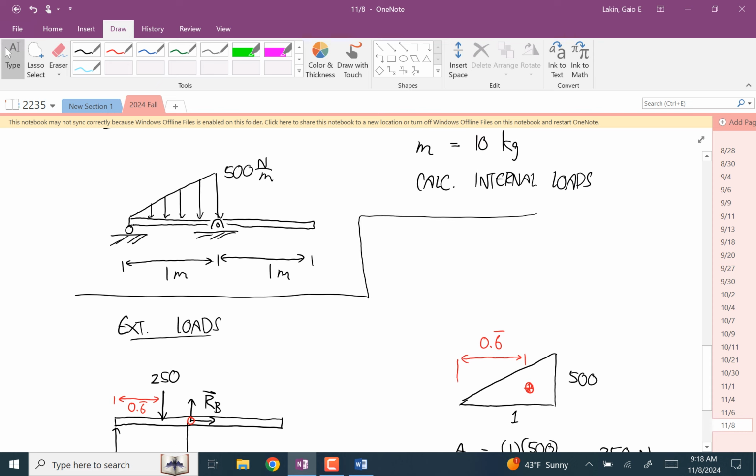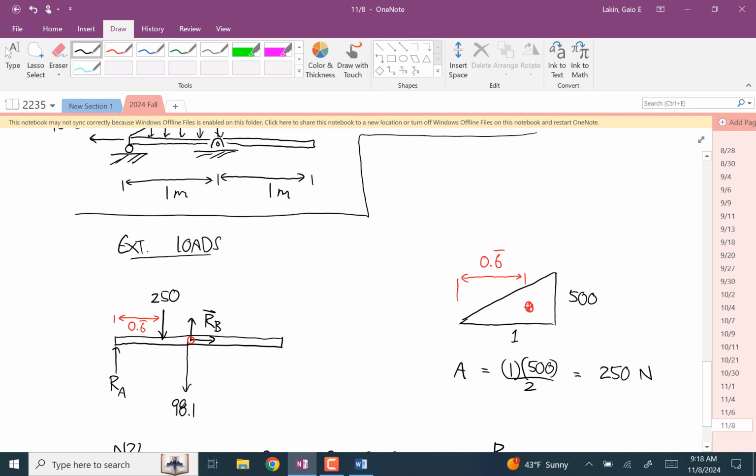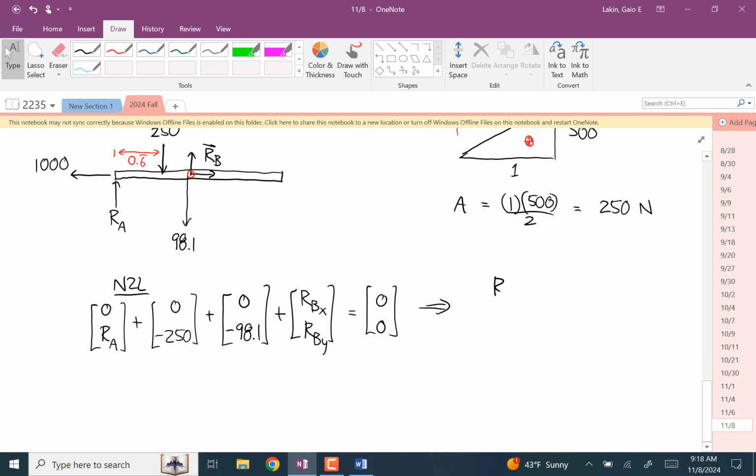Yeah, let's put a force of 1,000 newtons over here. So that changes the free body diagram. So we got this. And then in Newton's second law, we have negative 1,000, so RBX is equal to positive 1,000.